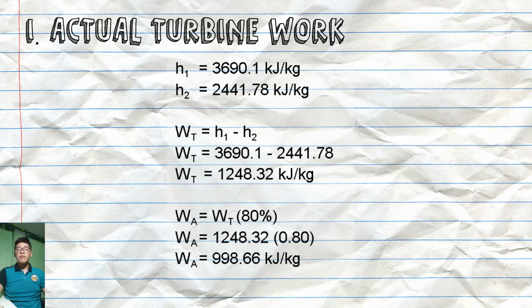Now that we have the value of the turbine work, we can use it for the formula of the actual turbine work, which is WA is equal to WT times the given engine efficiency. So 1248.32 times 80%, which is 0.80, is equal to the actual turbine work with the value of 998.66 kilojoules per kilogram.